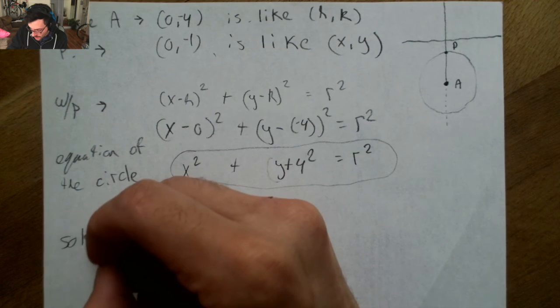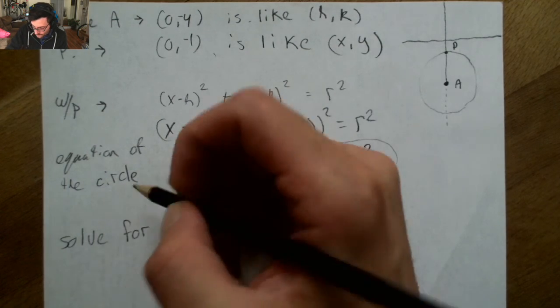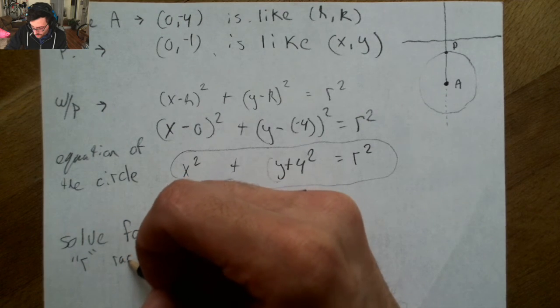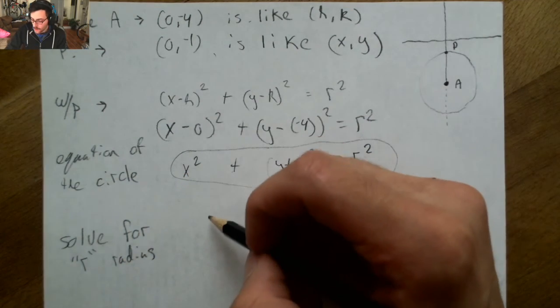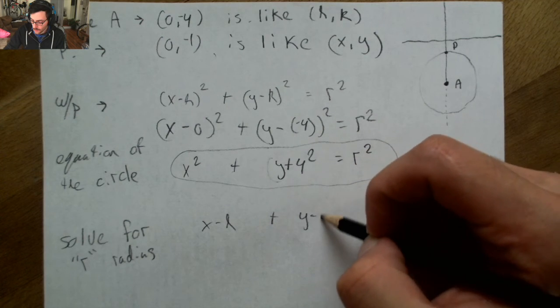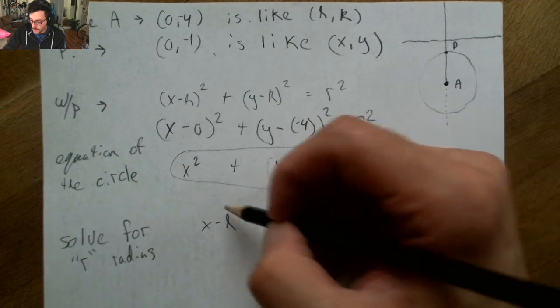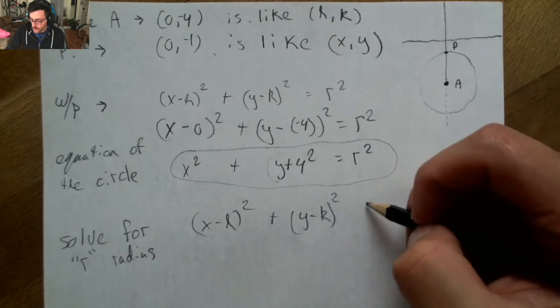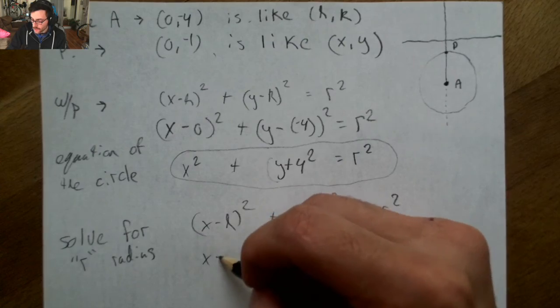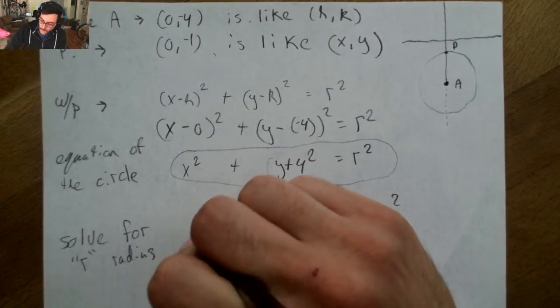So if we're going to solve for r, or radius, write out our equation again, and then we just substitute our values in.